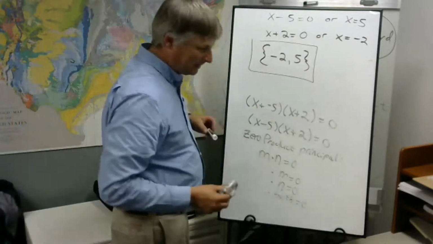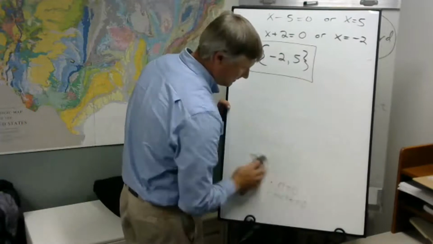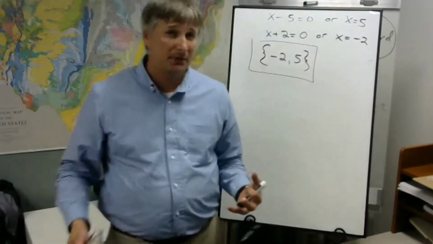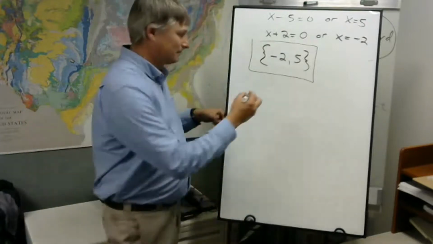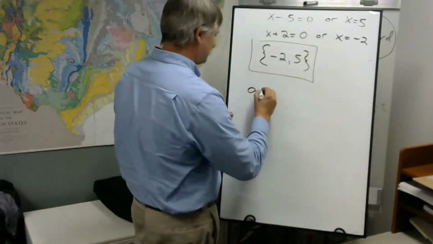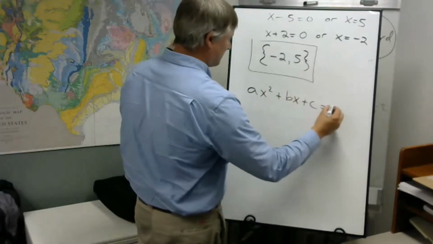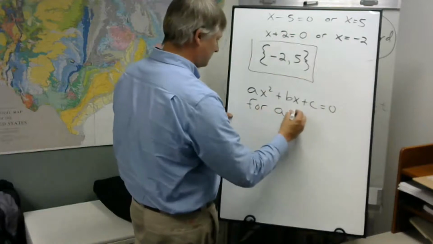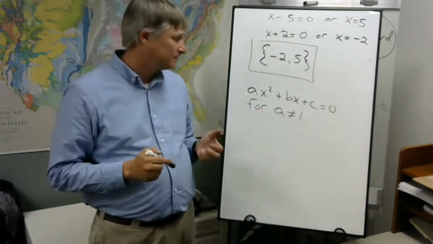Now, another way to factor is when we have ax squared plus bx plus c, and a is not equal to 1. How do we do that?